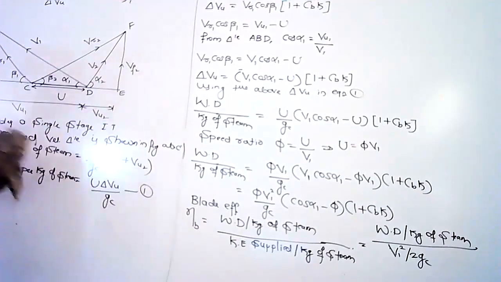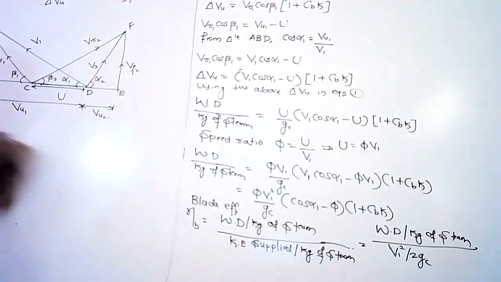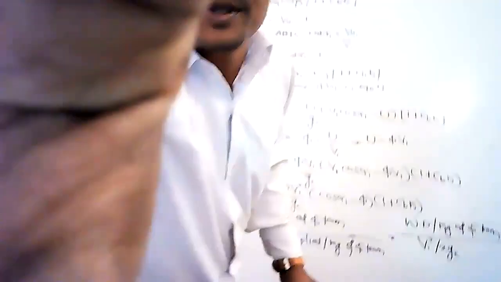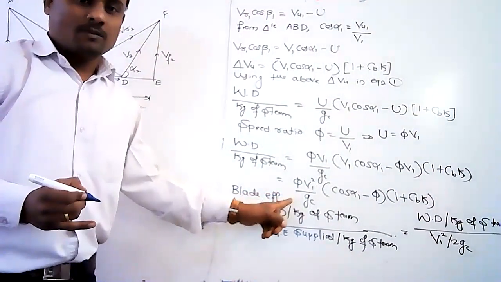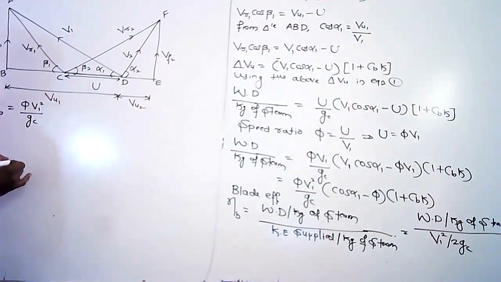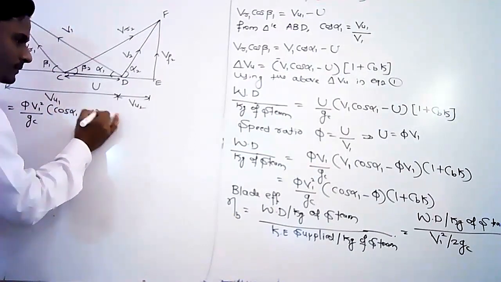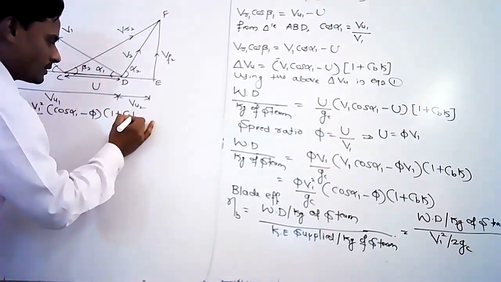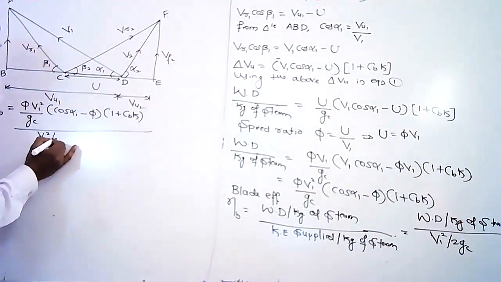Now the blade efficiency eta B equals work done per kg of steam, which we already got as phi into V1 square divided by Gc into cos alpha into (1 minus phi) into (1 plus Cb into K), divided by V1 square by 2Gc.